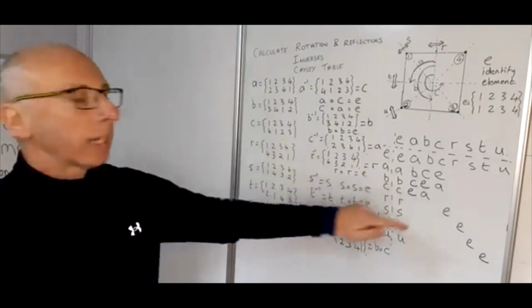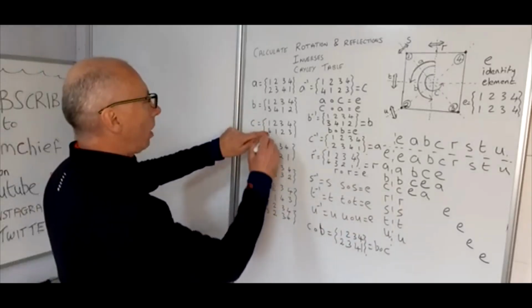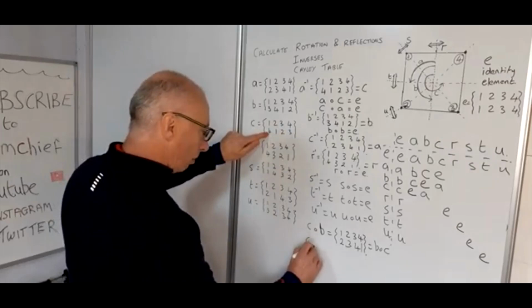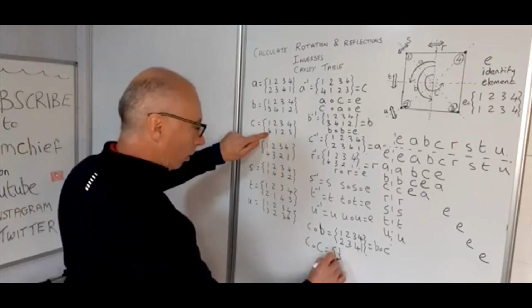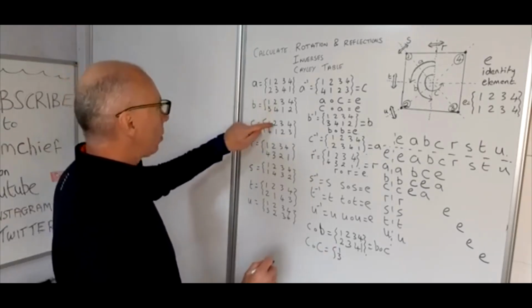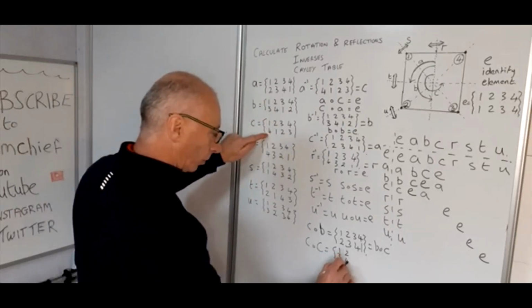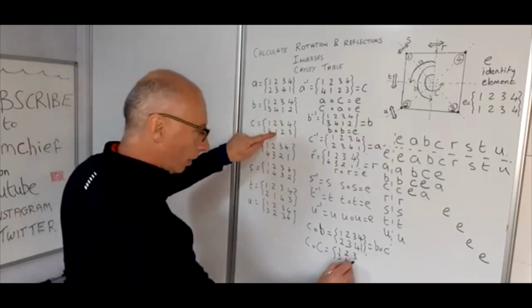What about C acting on C? So 1 will give us 4, and then the 4 will give us 3. So let's write this down. So 1 goes to 3. So CC, so 2 goes to 1, and then 1 goes to 4. 3 goes to 2, and then the 2 goes to 1.